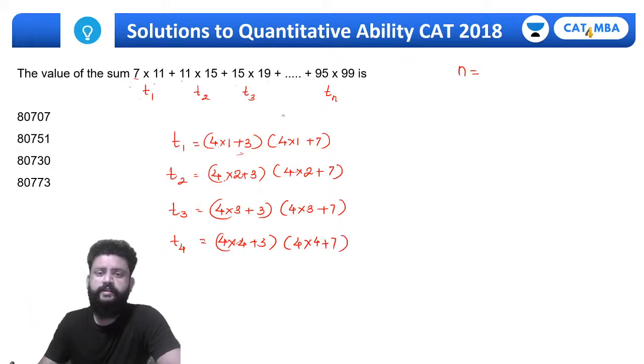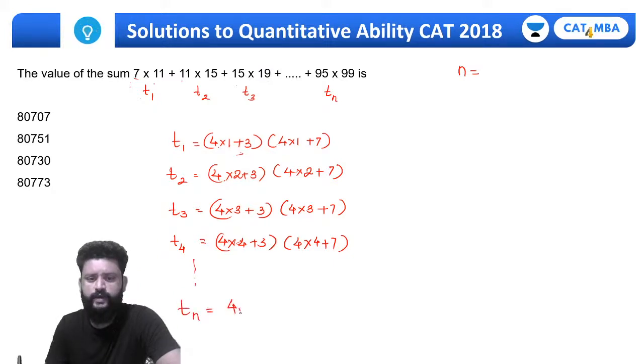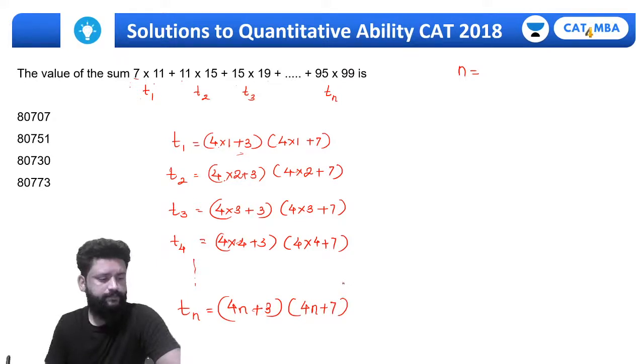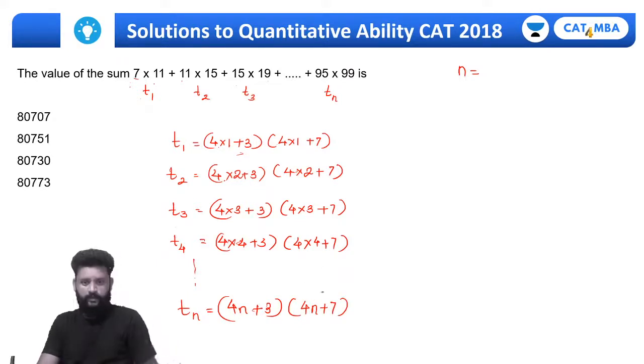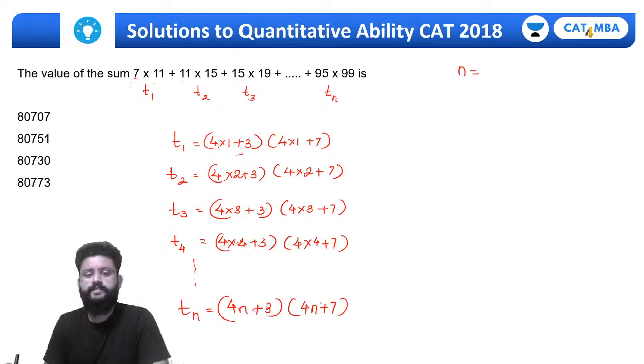Once you get the pattern, you can observe here the nth term of this is (4 into n plus 3) into (4 into n plus 7).